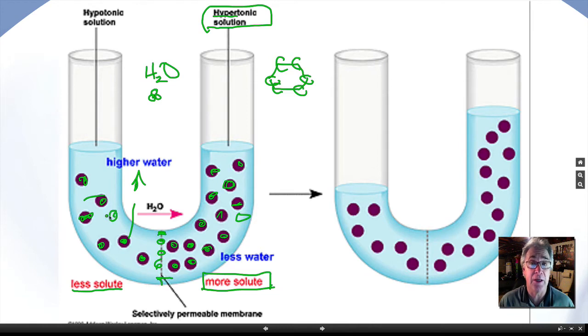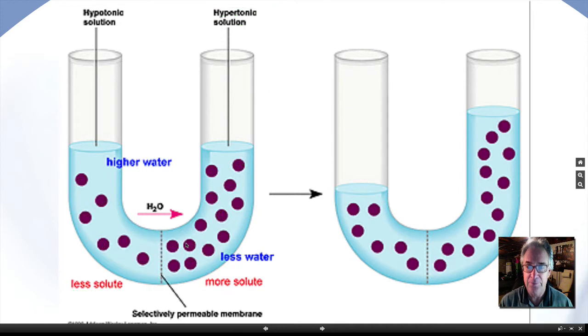So in this particular process, what the water wants to do is level it out. It wants to have the same amount of water particles on each side. So what's going to happen is the water molecules are going to come across this membrane and fill in this right side. So when it does that, it's going to look like this.